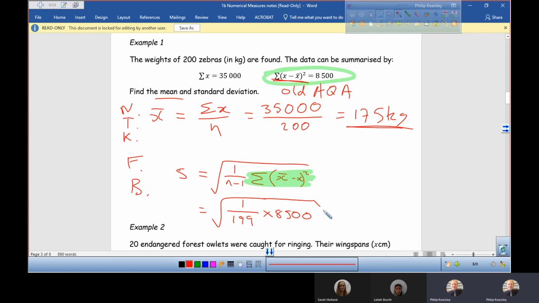The whole of that sum, the whole of that sigma, gets replaced with the value 8500. Do you want to try some on the calculator? It'll be about 6 point something.